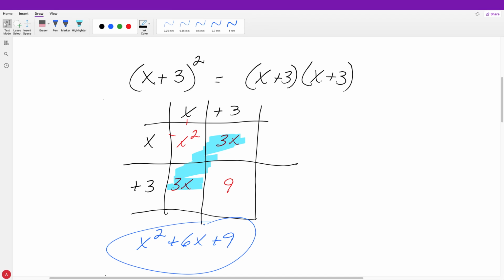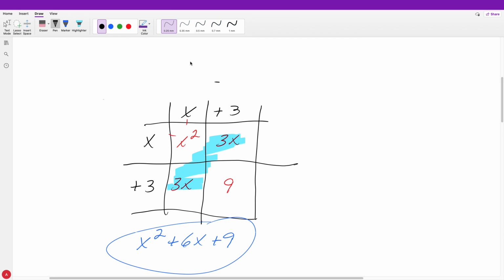Regardless of which method you use, table, FOIL, arrows, it doesn't matter to me. Your teacher next year might force you to use a specific method, but as long as you understand what you're doing while you're doing it, any of the methods will get you the same answer. Right, now what we're going to do is take this answer, x squared plus 6x plus 9, and multiply it one more time with x plus 3.